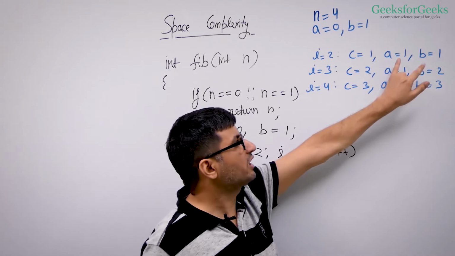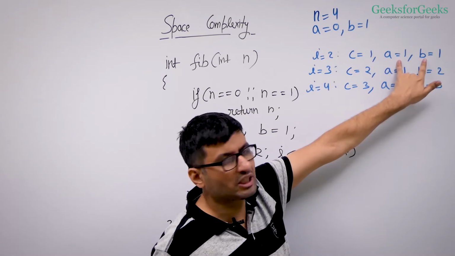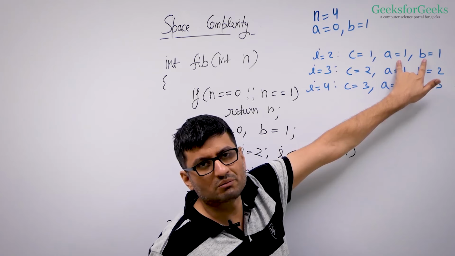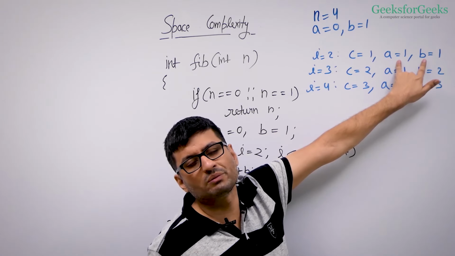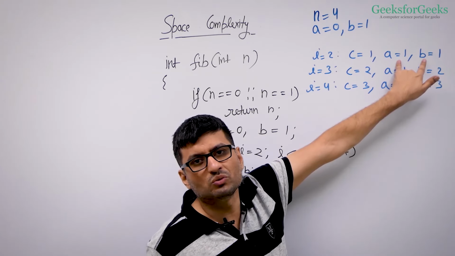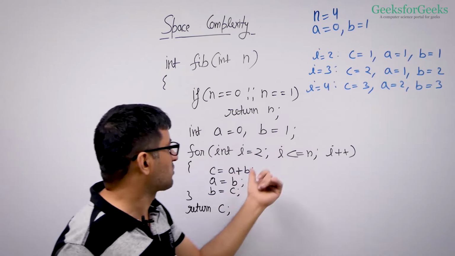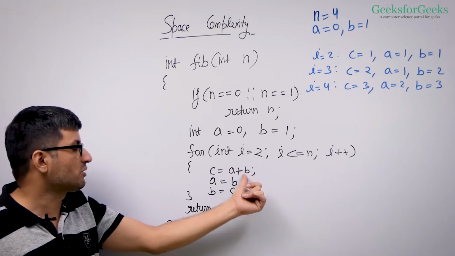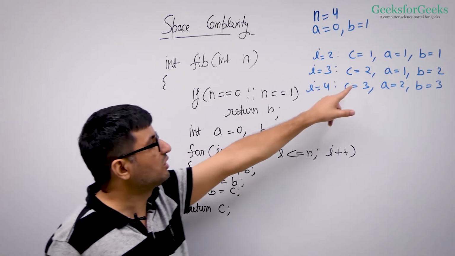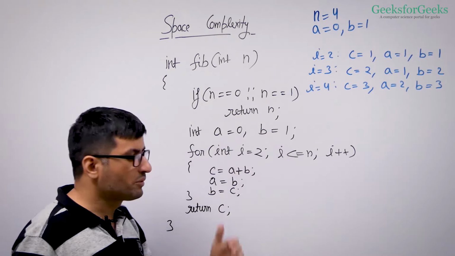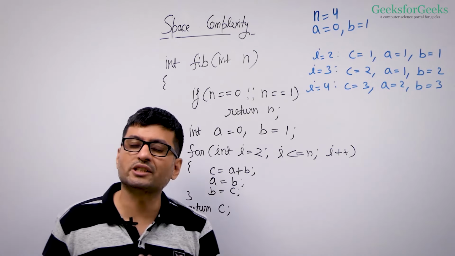So you can see that before computing the next Fibonacci number, we have the previous two Fibonacci numbers, right? a is 1 and b is 1. So the next Fibonacci number can be easily computed as a plus b. That's what we do in the iteration for i equal to 3. Right, we make c equal to 2 and then we update a and b accordingly for the next iteration.